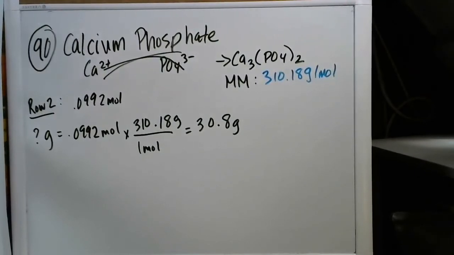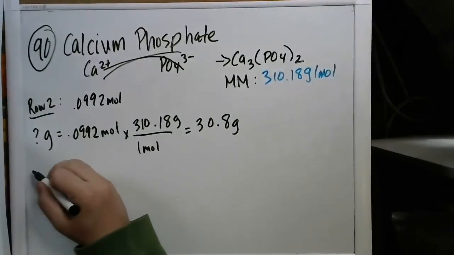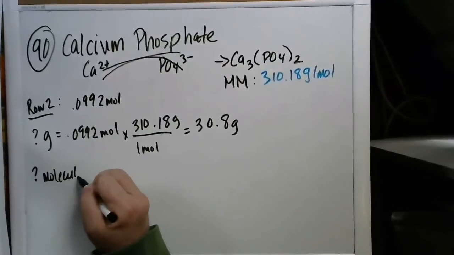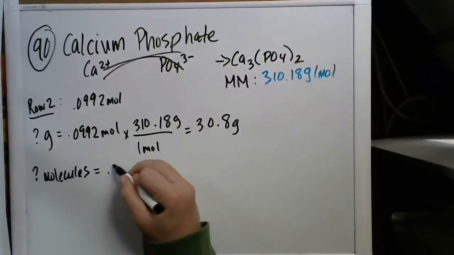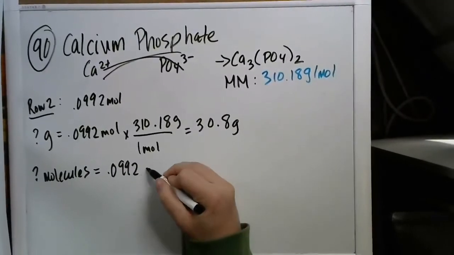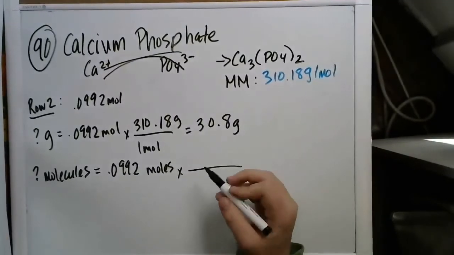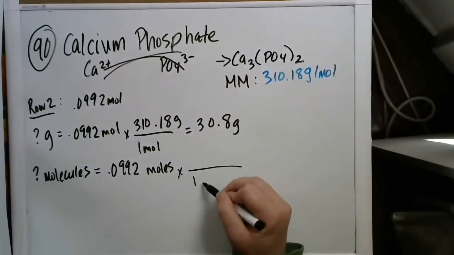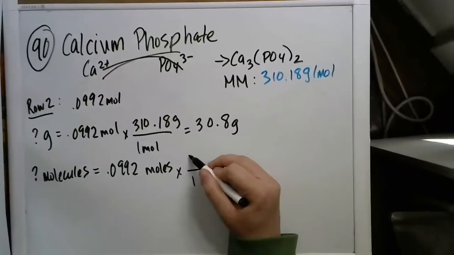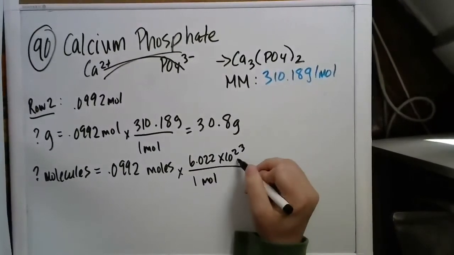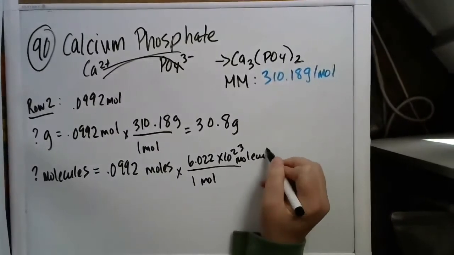And I want to know the number of oxygen atoms in particular. Okay. So we'll start here with how many molecules equals 0.0992 moles. Well, I know from Avogadro's number that every 1 mole has 6.022 times 10 to the 23 molecules.